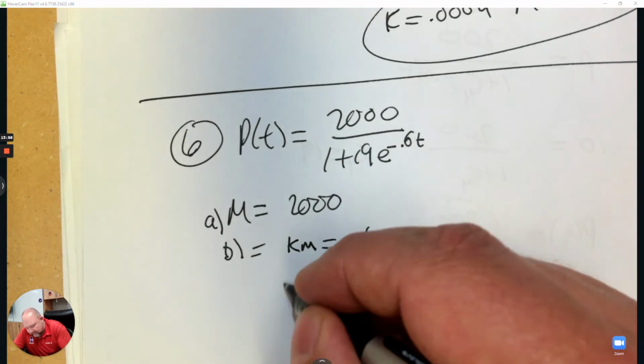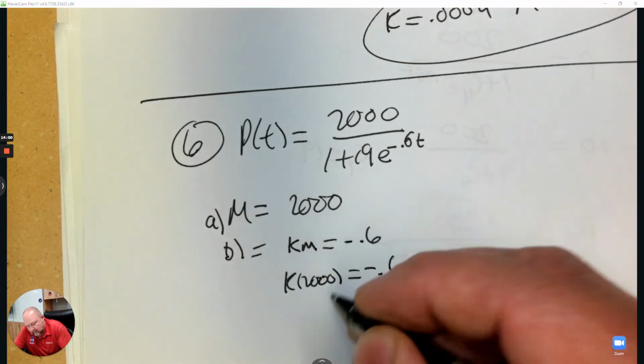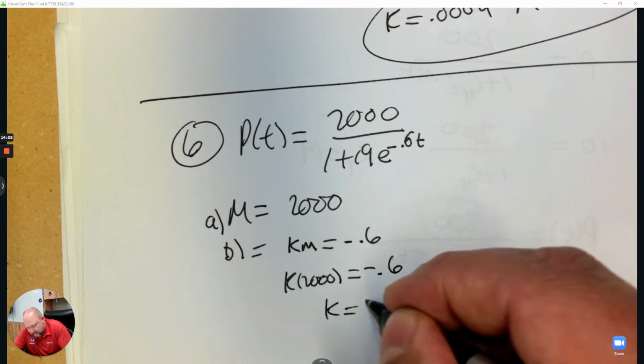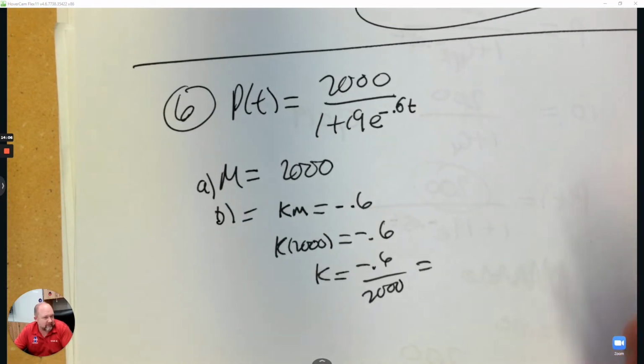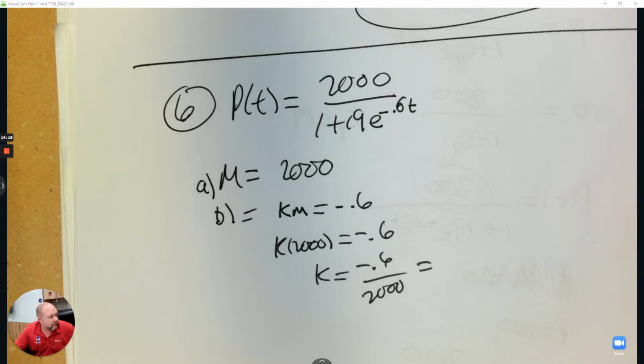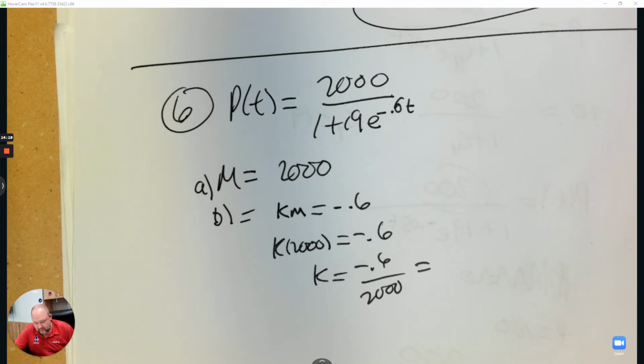M we said is 2,000. So divide by 2,000. Negative 0.6 divided by 2,000, and that is 0.003.